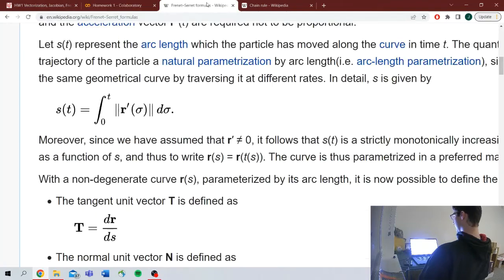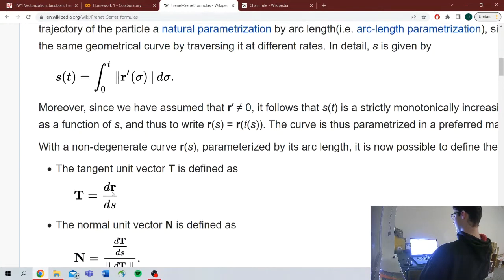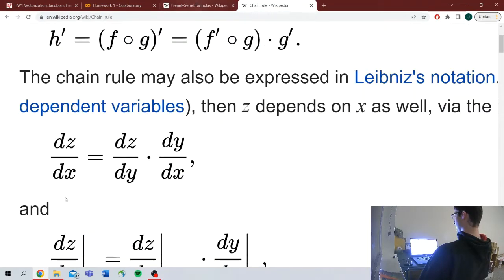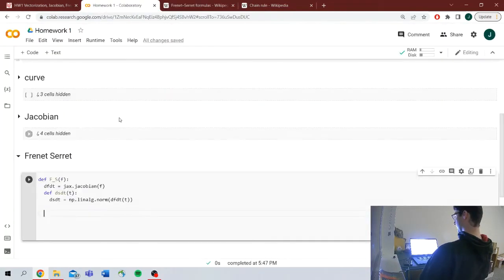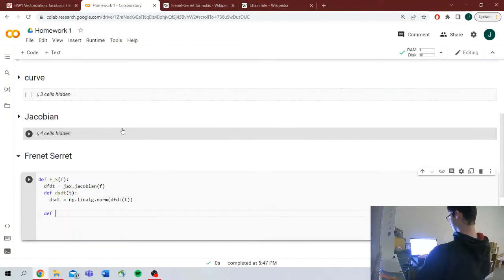So now that we have df dt and ds dt, we're going to use this chain rule here by dividing df dt by ds dt, so that the dt's cancel, and we're left with df over ds to get our tangent. So let's make this another one. Tangent t.